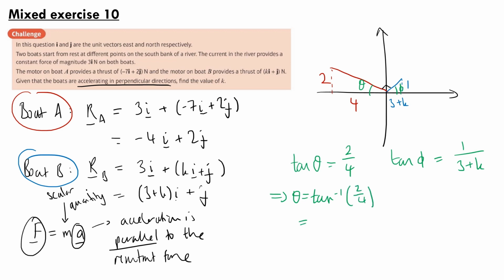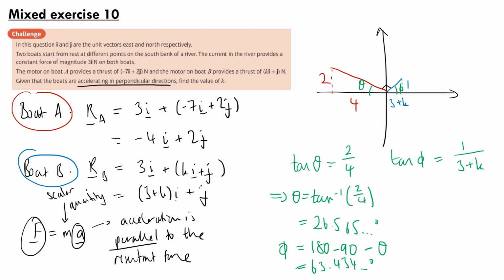Put this into your calculator, you should get 26.565 degrees. And from the diagram we can see that phi is equal to 180 minus 90 minus theta. So using the answer button on your calculator, 180 minus 90 minus answer gives us 63.434 degrees.